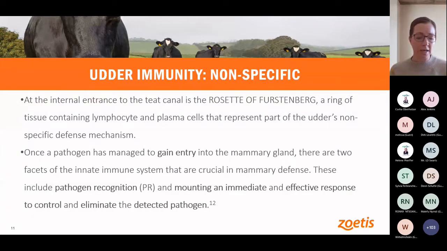All right, so let's say a pathogen has managed to gain entry into the mammary gland. It's been able to cross all those physical barriers that we were talking about earlier. It is very important that the udder then recognizes that pathogen as foreign and mounts a very quick immune response so that that pathogen can be eliminated as soon as possible.